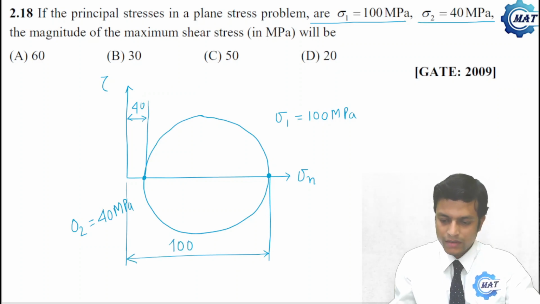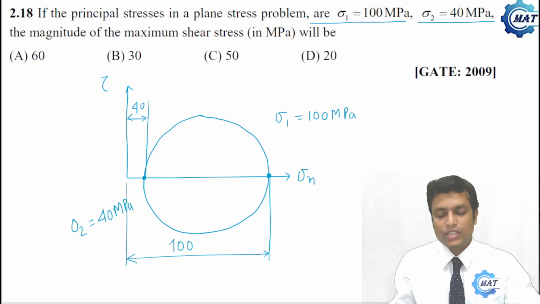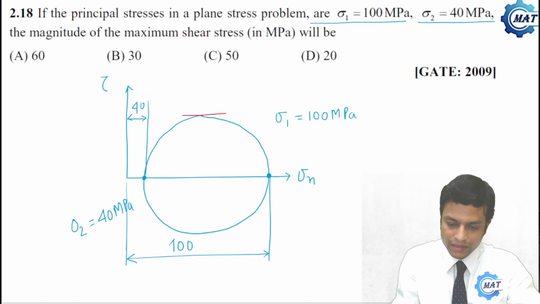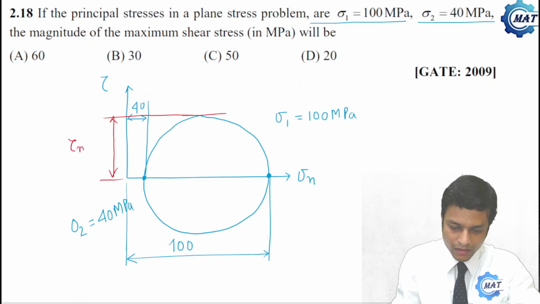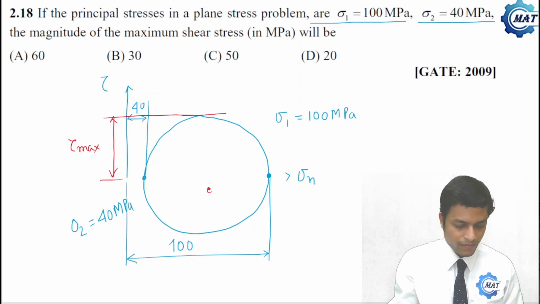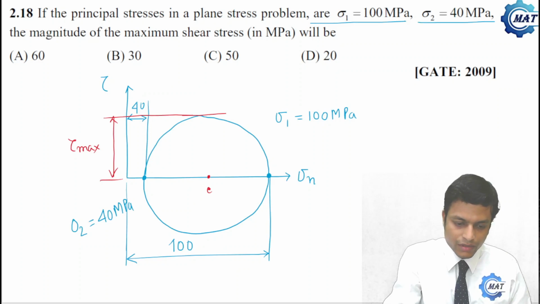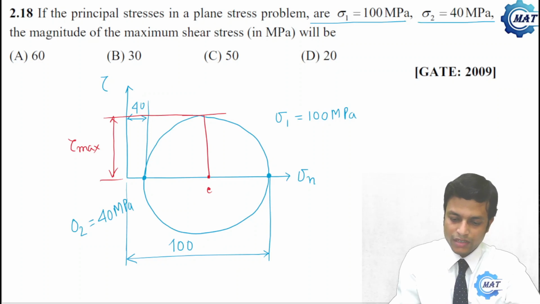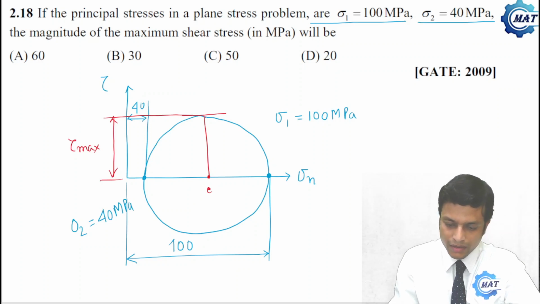What has been asked? The magnitude of maximum shear stress. Where is shear stress maximum? This is the point where shear stress is maximum. So this is tau max, which is, if this is the center of the Mohr circle, nothing but the radius of the Mohr circle.